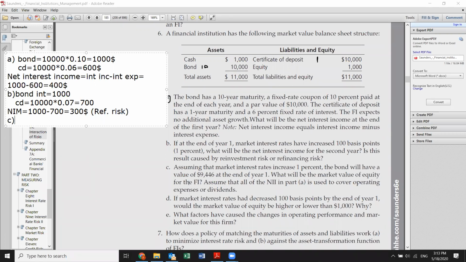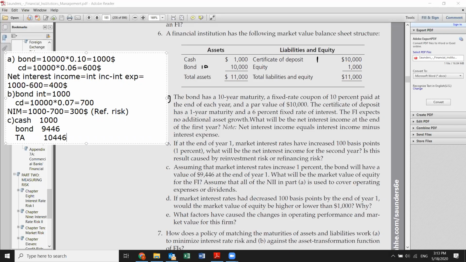We need to reevaluate the bond value. What will happen to the bond value? So we know that the cash is 1,000 and bonds, it was 10,000, but now 9,446, and that makes total assets equal to 10,446.